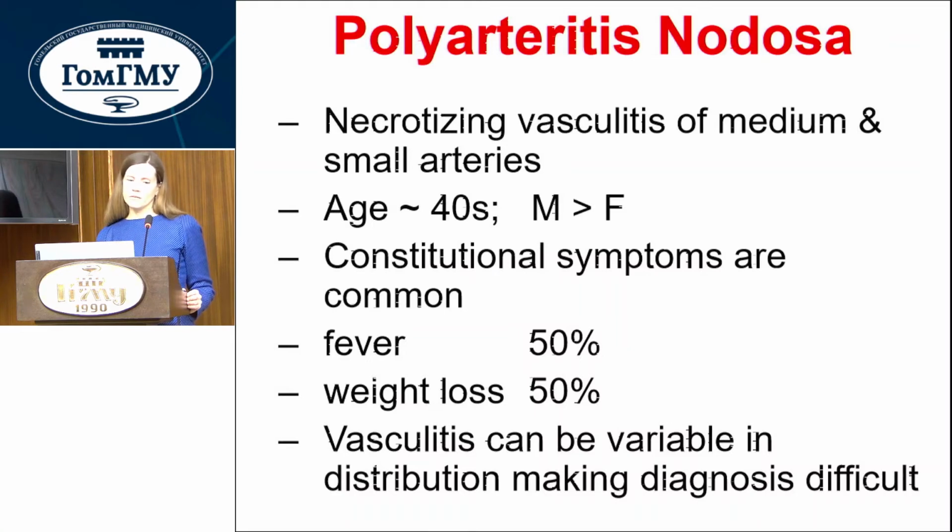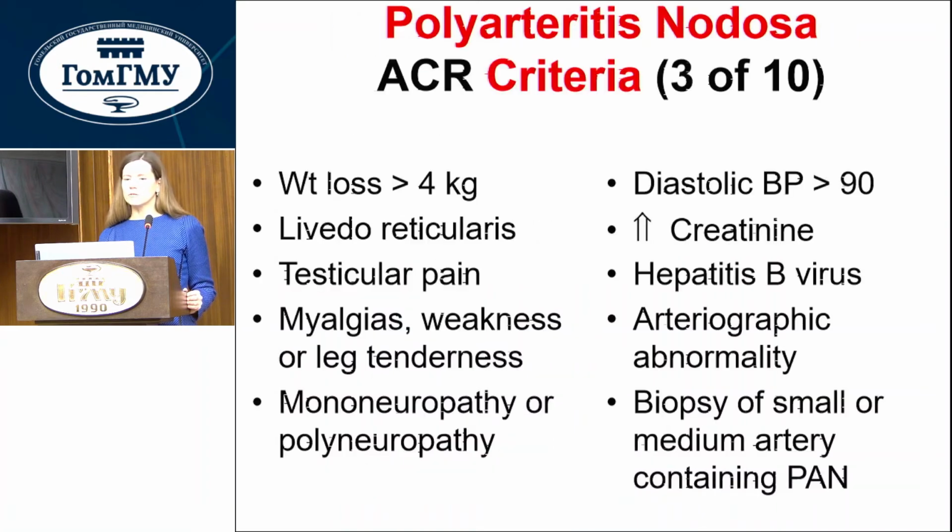And very often we have general symptoms: fever, 50% weight loss, also approximately 50% of patients. Vasculitis can be variable in any patients, and diagnostics of this condition is very difficult.